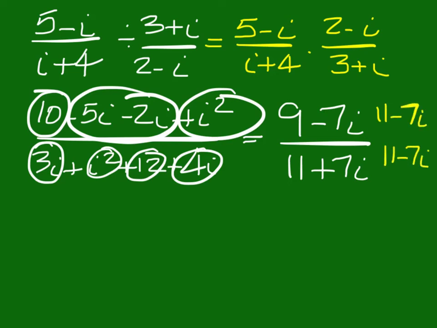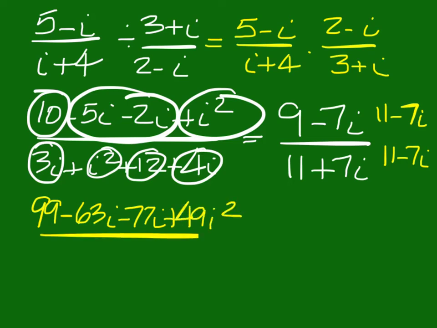When we multiply the top, we get 99 minus 63i minus 77i plus 49i squared. And on the bottom, we get 121 minus 77i plus 77i, and I did it again. It's a difference of 2 squares. And plus 49i squared.